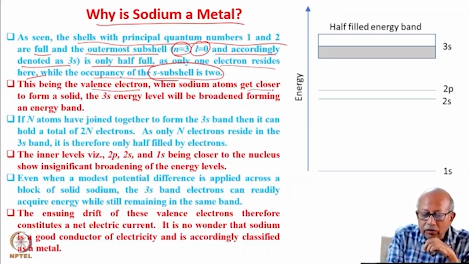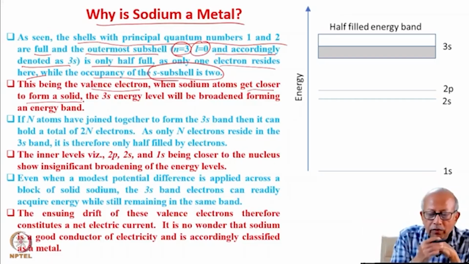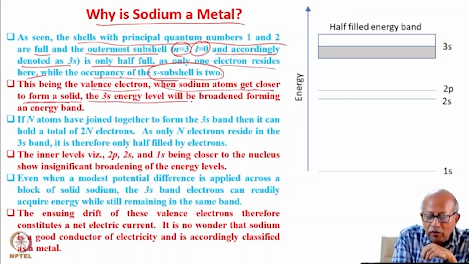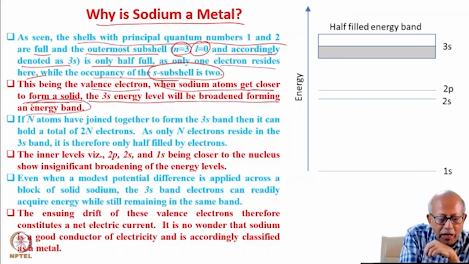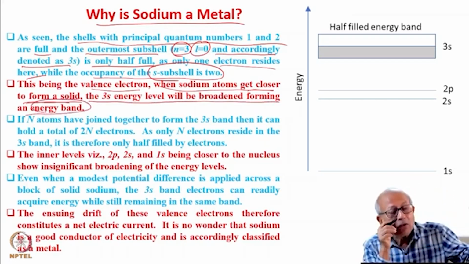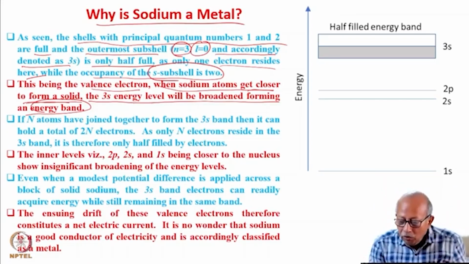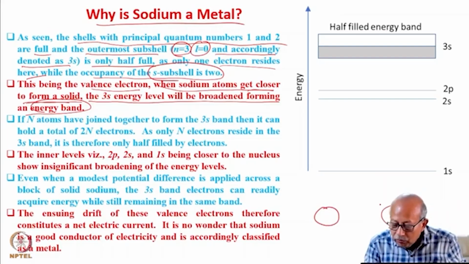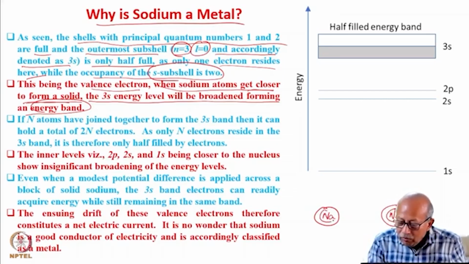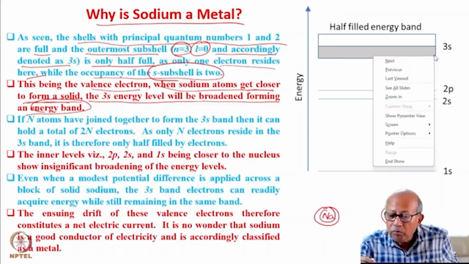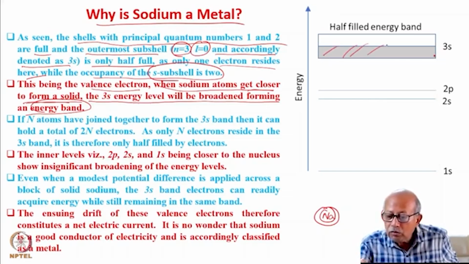When sodium atoms get closer to form a solid, the 3s energy level will be broadened, forming an energy band, just as we explained in case of the hydrogen atoms when they are brought close together. So similarly, when two sodium atoms are brought closer to each other, then this ground state, that is the 3s energy level, would be actually broadened, as is shown here.